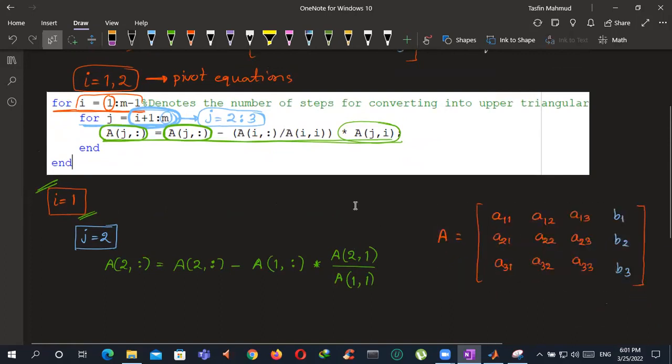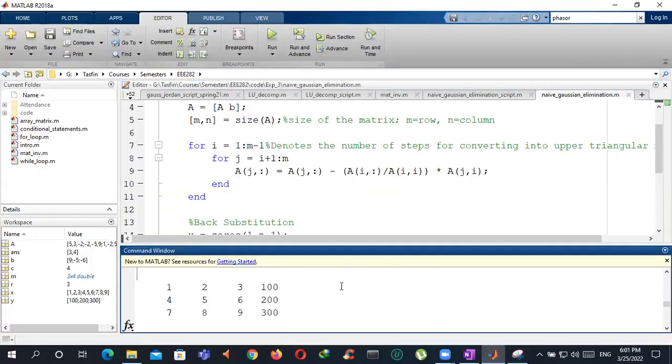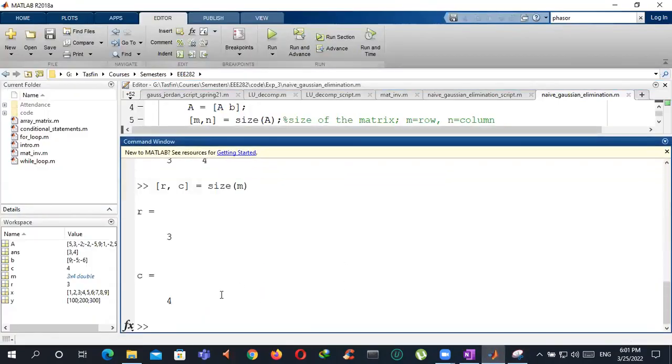If you can recall, if we want to access any matrix, a 2 comma colon means the second row. If I just want to show you, we have this M matrix with us. Let's assume you want to access only one single element, like this 2. Then you write M, then pass the row number.